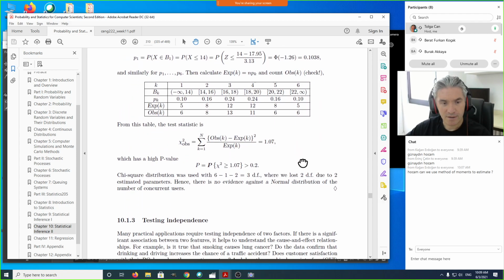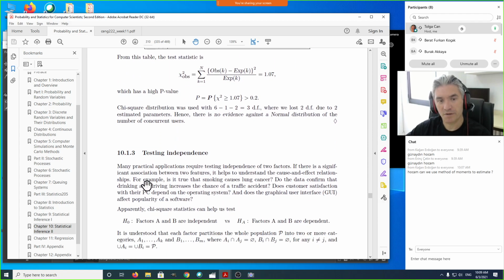And the final thing that we're going to cover from this chapter 9 is testing independence. This is nice because it comes up a lot in, for example, machine learning, where you have features that you collect, such as the weight and the length of certain things, or whether the color is dependent on some other parameter.